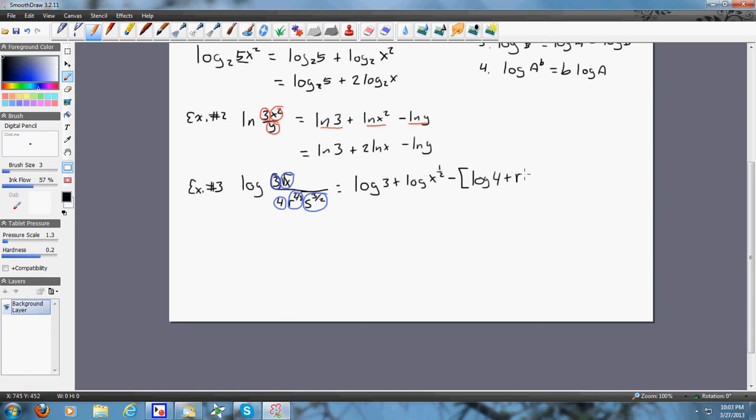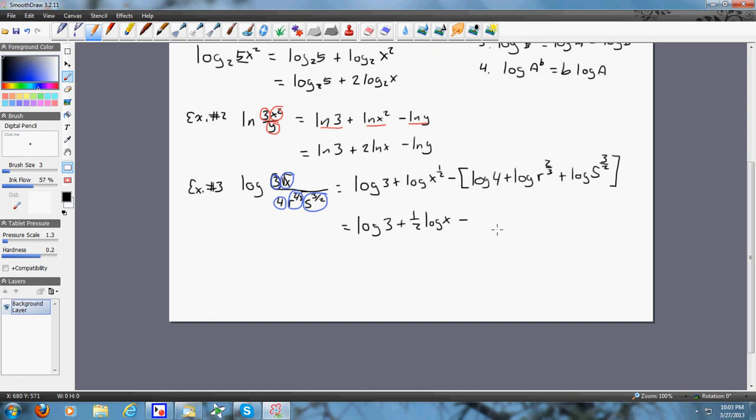So it's going to be r to the 2/3. Oh, made an error. It's not r to the 2/3, it's log of r to the 2/3 plus the log of s to the 3/2, which equals log of 3 plus 1/2 log x.